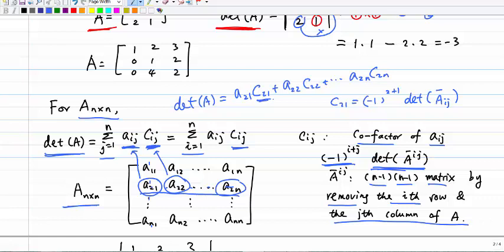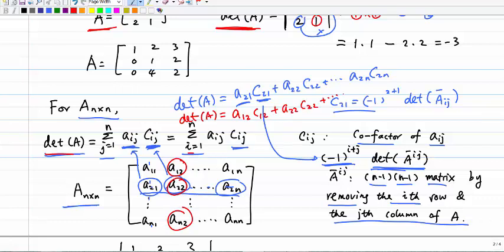Each of these is computed in this form, and each entry is put here. Similarly, the determinant of A can also be written in another form, where you pick a column. Let's say I pick the second column: a12 C12 plus a22 C22 plus so on, up to an2 Cn2. This is computed exactly the same way, just using a different row and column.